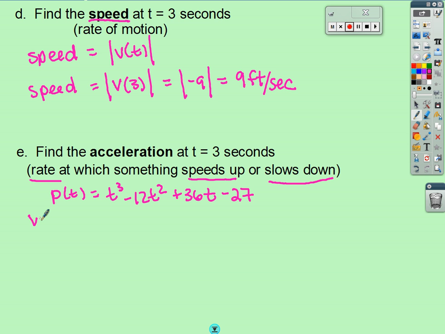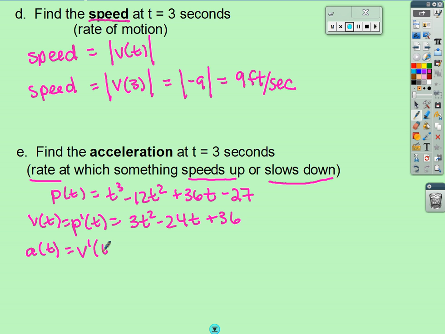And next we find the velocity. And we find the velocity by taking the derivative of the position. So we found that already to be 3t squared minus 24t plus 36. Lastly, to find the acceleration, that means we take the derivative of the velocity, and that's the second derivative of the position function. So I'm going to take the derivative of now this.